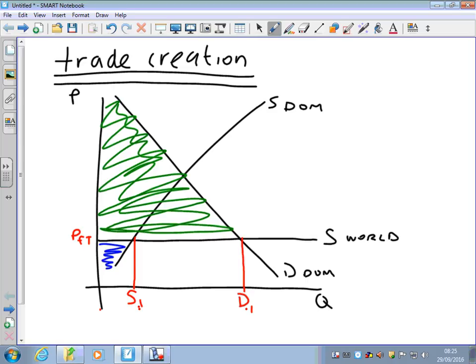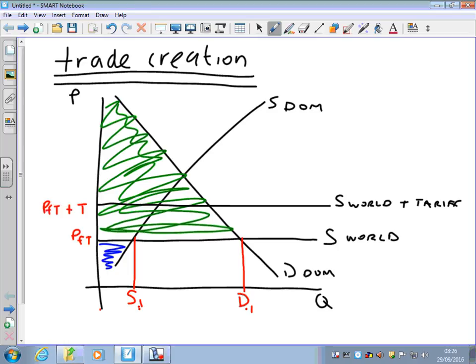So what we've now got to think about is, what does a tariff do to the domestic markets? What a tariff will do is raise prices in the domestic economy. So let's call that PFT plus T, price free trade plus the tariff.